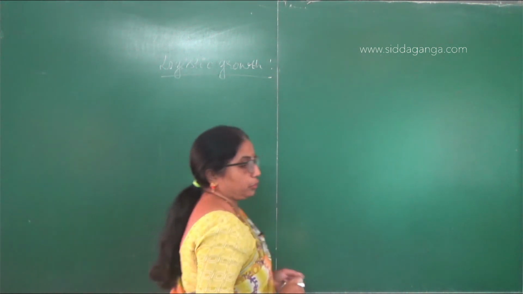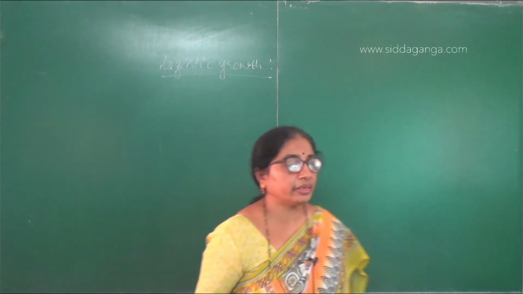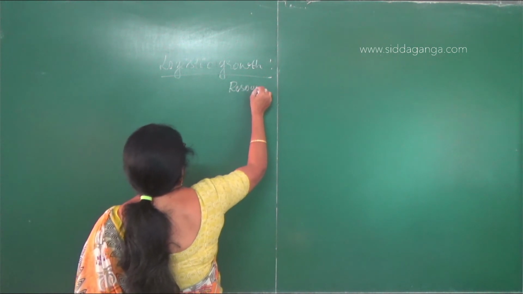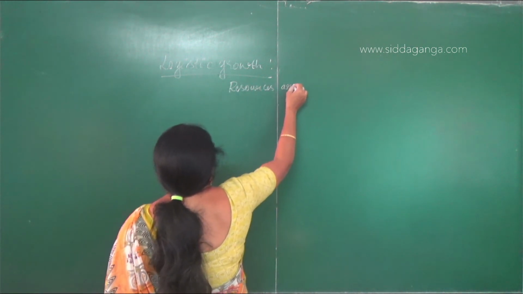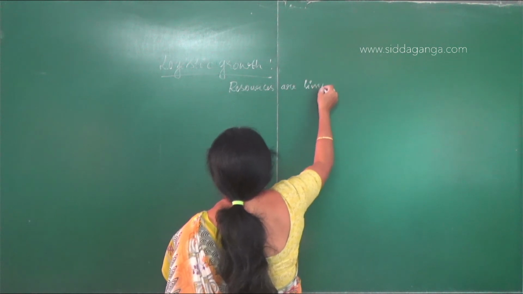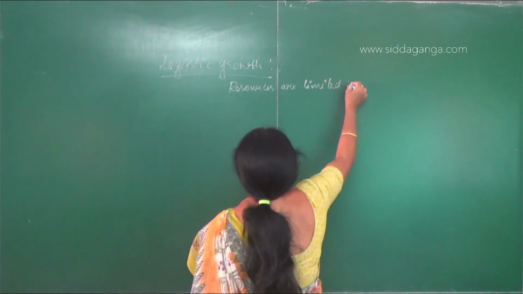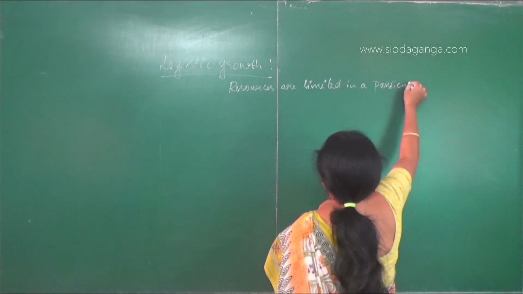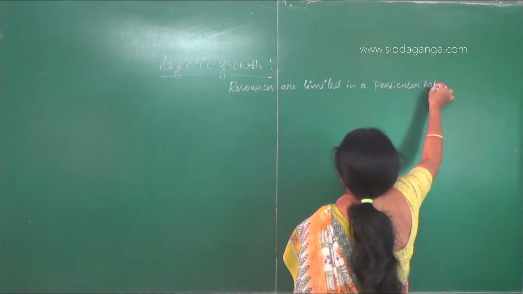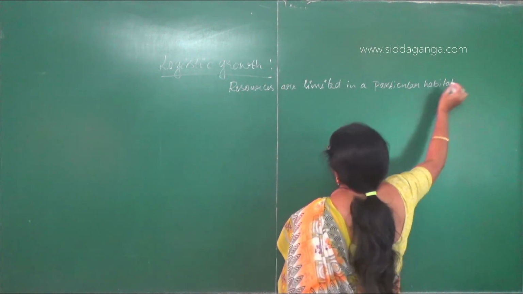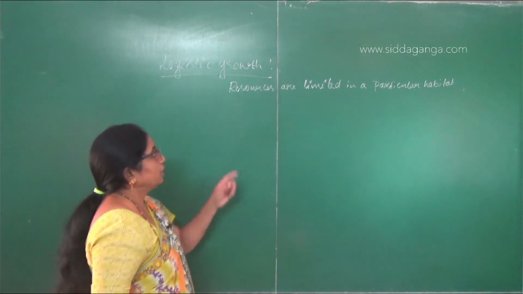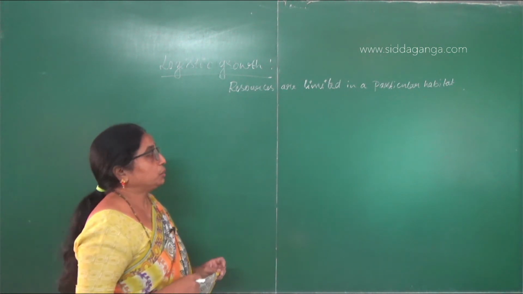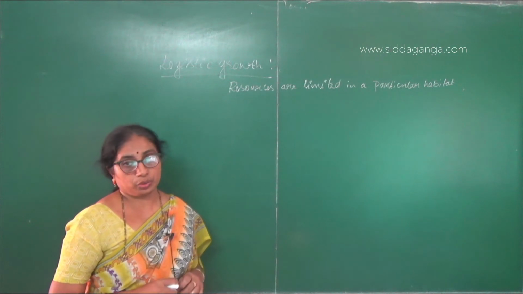So, the logistic growth curve. When the resources are limited in a particular habitat, this type of growth takes place. When the resources were abundant, exponential growth had taken place.